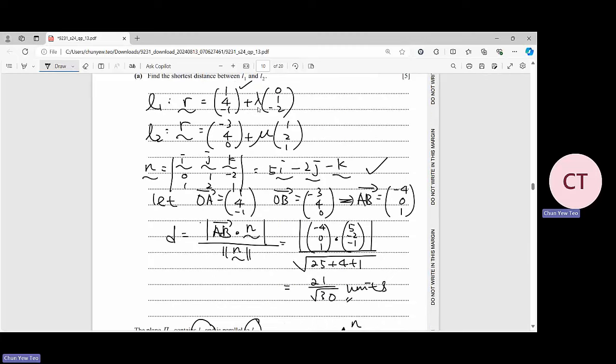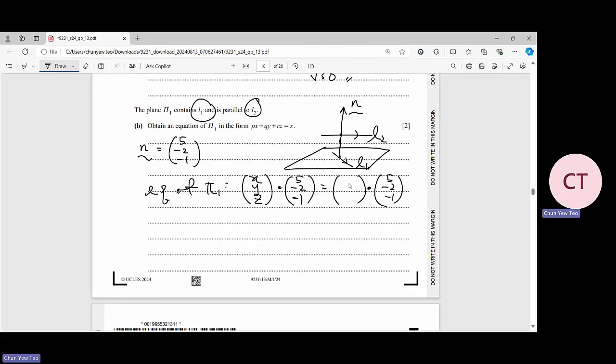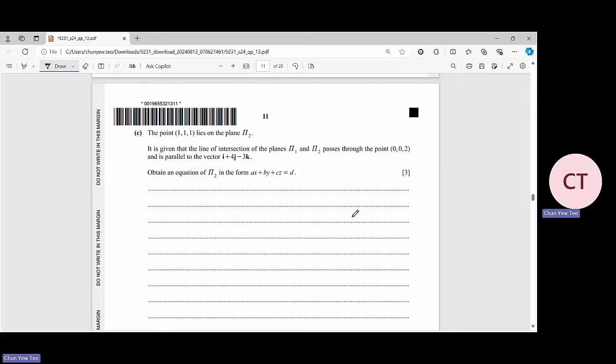L1 has the point (1, 4, negative 1). Okay, so (1, 4, negative 1). So you just expand and simplify. 5 plus 1, 6, minus 8, negative 2. Done. This is the answer for question number 5B. And now we move on to question number 5C.